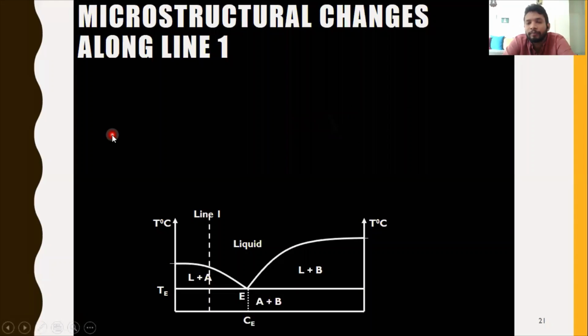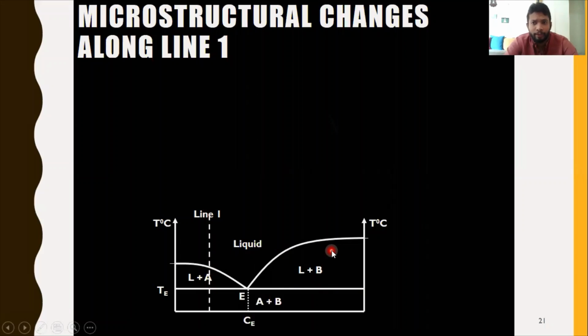Now, this is a little tricky. Drawing line 1, line 2. Remember, along line 1 and line 2 you will see the same thing happens, but along line 1 the amount of A is high, and along line 2 the amount of B is high.